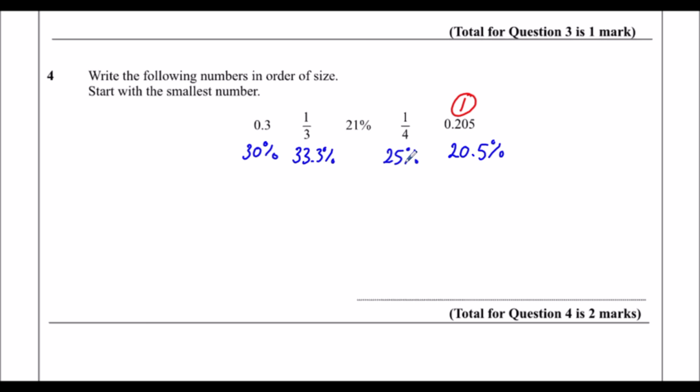Then 1 is less than 5. So that's our second and our third. Then the ones with the 3s in the tens, we'll look at their ones, and we've got a 0 and a 3. So 0 is the smallest, and then the 3.